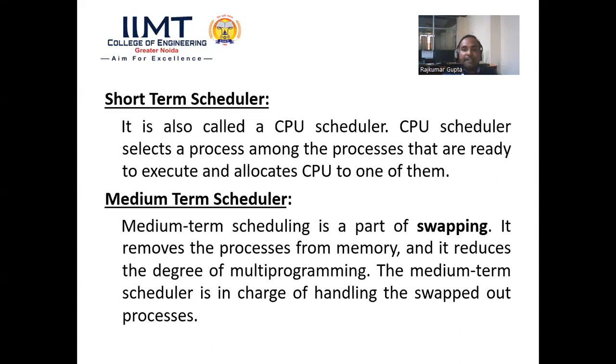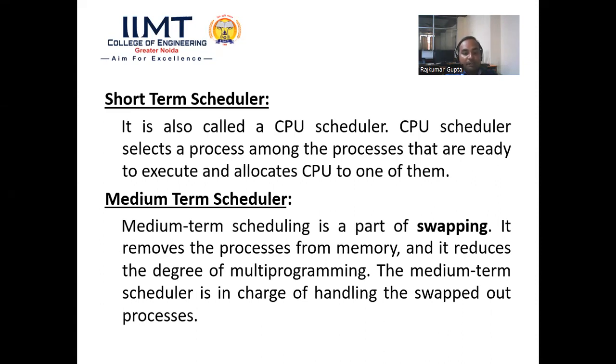Suppose process P1 is executing and at that time P2 wants the resource, meaning the CPU. In that case, it is compulsory to assign the resource to P2, and P1 has to wait for some time. It may be blocked or in a waiting state. This work is accomplished by the medium-term scheduler.